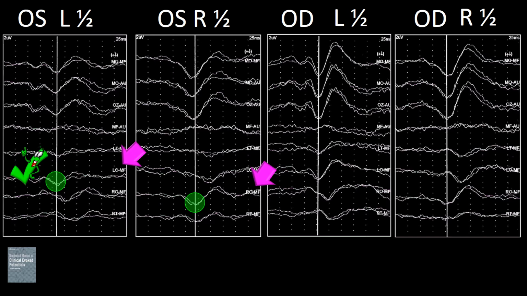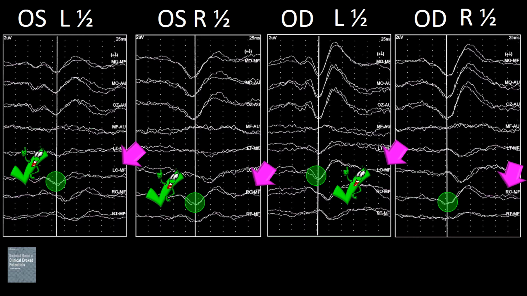You can do the same operation in the second panel and confirm the presence of P100. Again, in the third panel, we can confirm the presence of P100 with no need to look anywhere else in the panel.